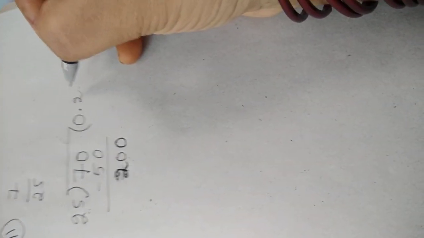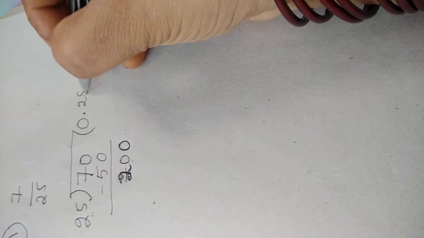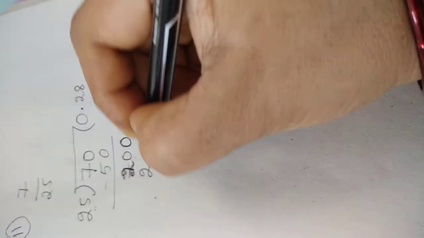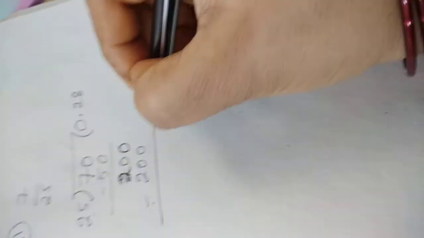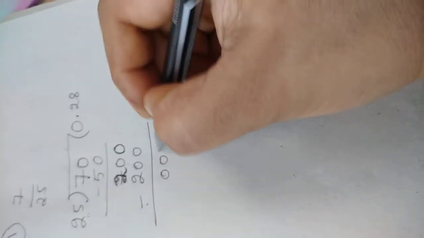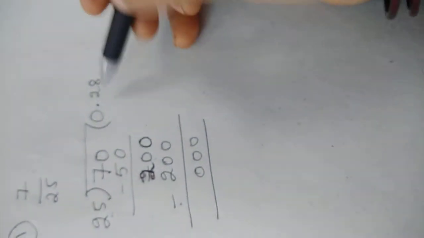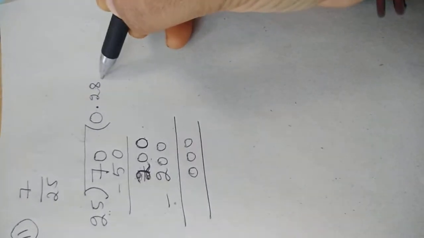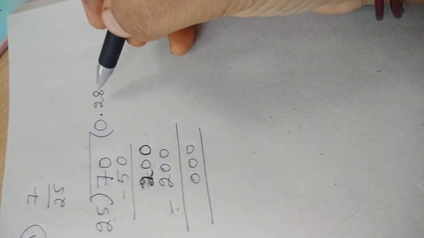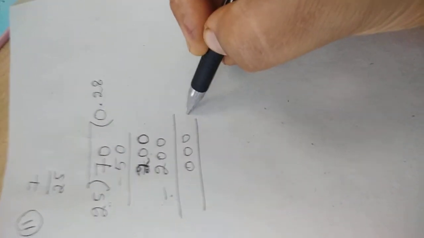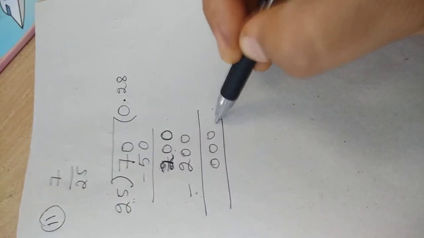Clear? Now 25, how many is 200? 25 8s are 200. 200 minus 200 will give you 0. Okay. So what is the answer now? 0.28. We observe here again that it is a terminating decimal. Terminating means remainder is 0.